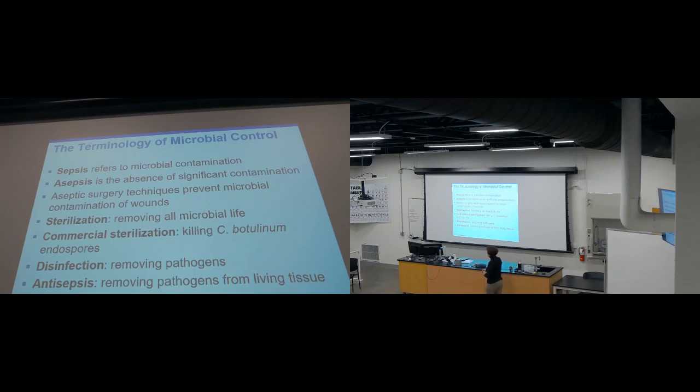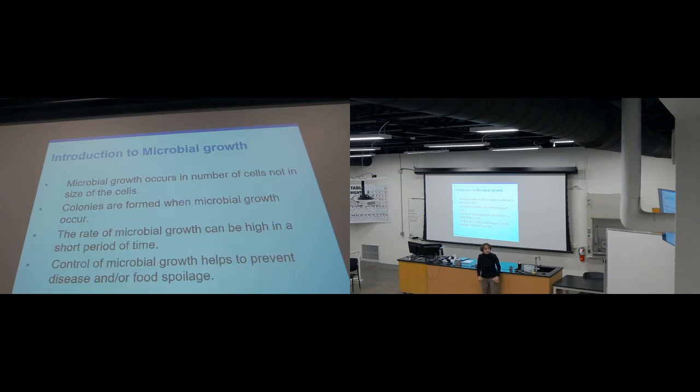But when you use a chemical to remove microbes from an inert surface, like the countertop, doorknobs, or a thermometer, that is called disinfection. So the difference is living tissue versus inert, non-living surfaces.